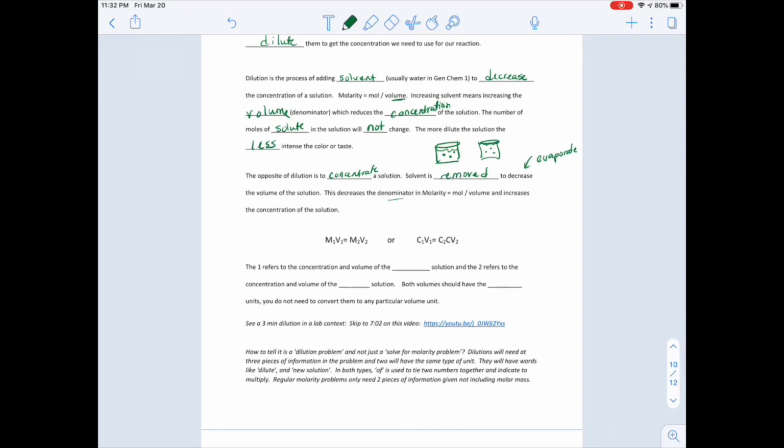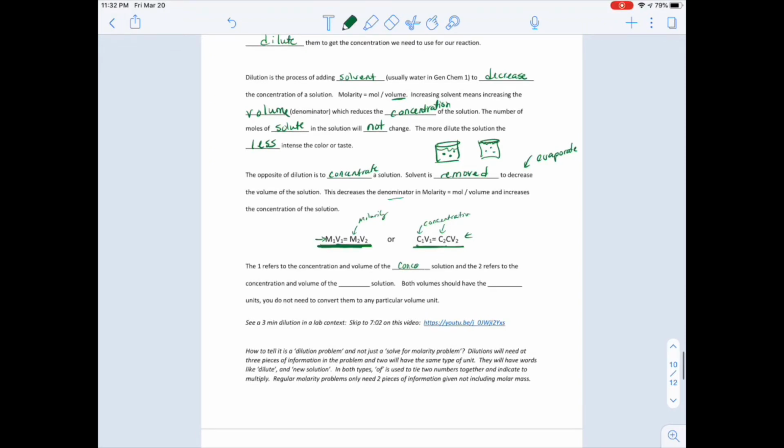And on Newton, you're going to see 2 formulas. These are the 2 formulas you're going to be using today. You've got this one and this one. I prefer this one. I saw this one in OpenStax, but I also saw this one on Newton. C stands for concentration, and molarity is a type of concentration, so that's why there's sometimes a C, and then this is molarity. The 1 refers to the concentration and volume of the concentrated solution.